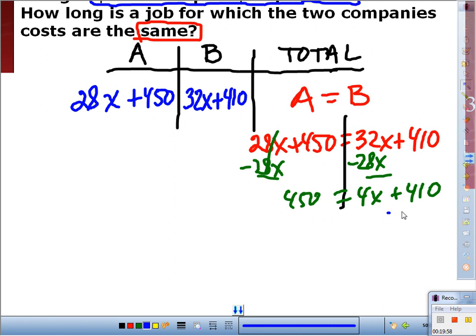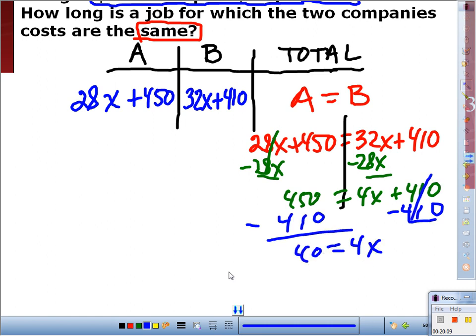Subtract the 410 from each side. We're left with 40 equals 4x. And lastly, Daniel B. Divide both sides by 4.